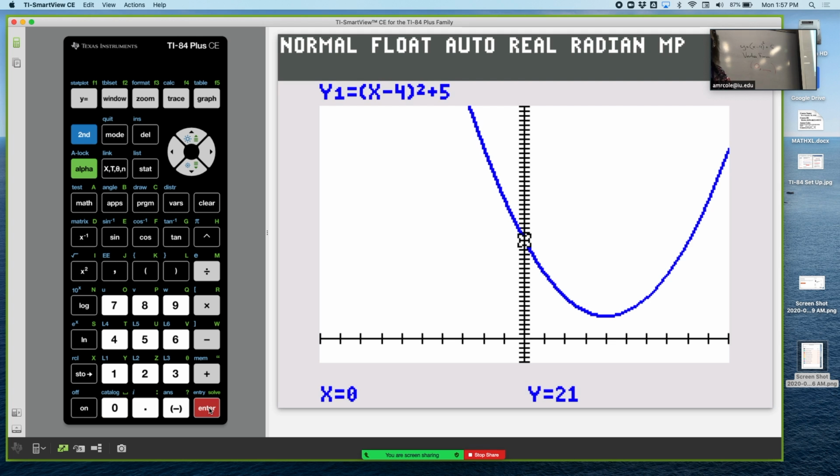I'm going to hit enter, and it's going to spit out 21. So my y-intercept is (0, 21) for this graph. It has no x-intercepts. The y-intercept's (0, 21). But we couldn't really tell from the graph, and you don't want to try to estimate from a graph. You want to know precisely what it is.